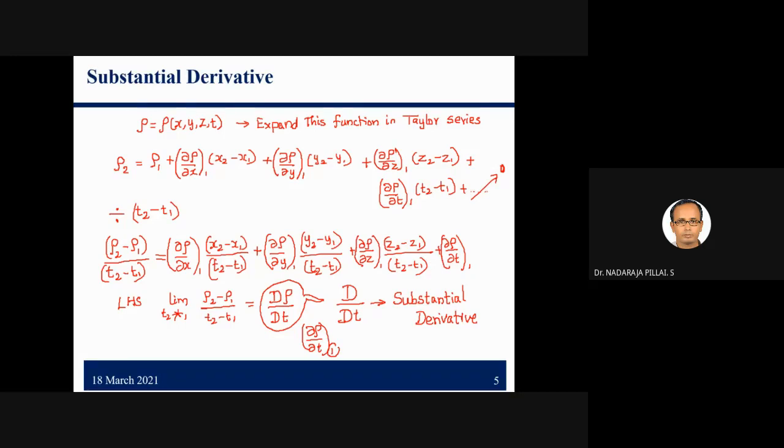So for dou rho by dou t at 1, we fix our eyes at the stationary point 1 and watch the density change due to the various fluctuations, right? But the capital D rho by Dt is the time rate of change of density of a given fluid element as it moves through the space.